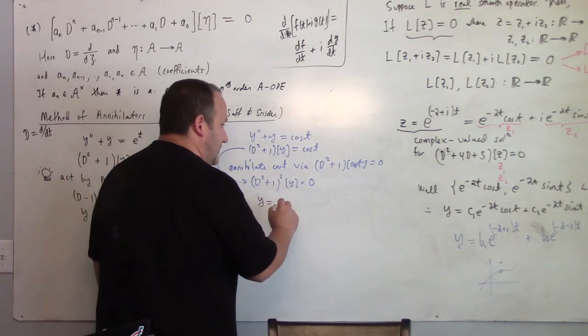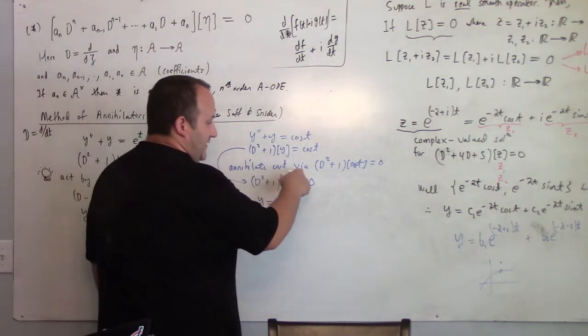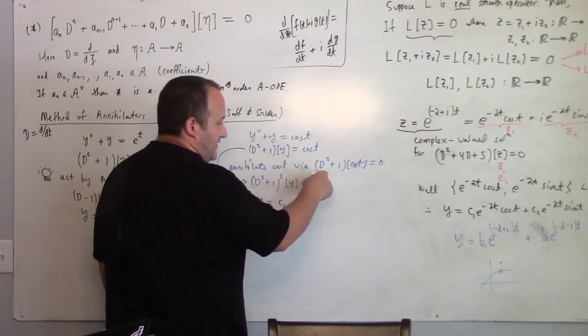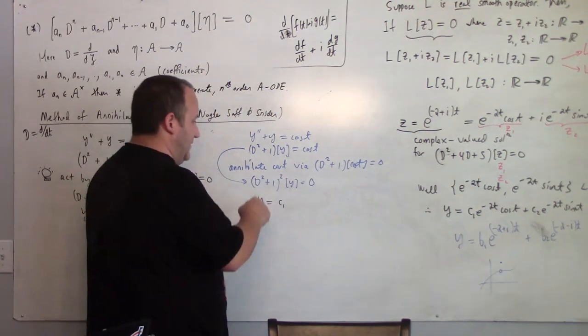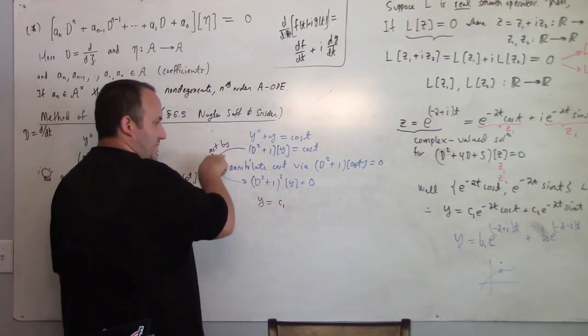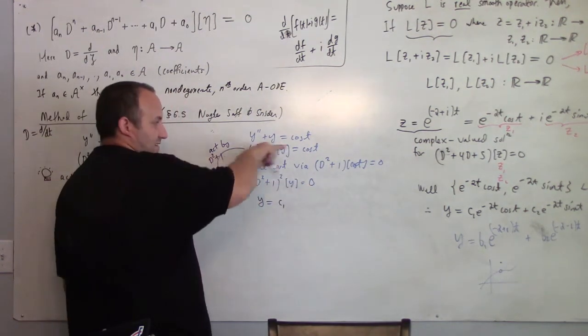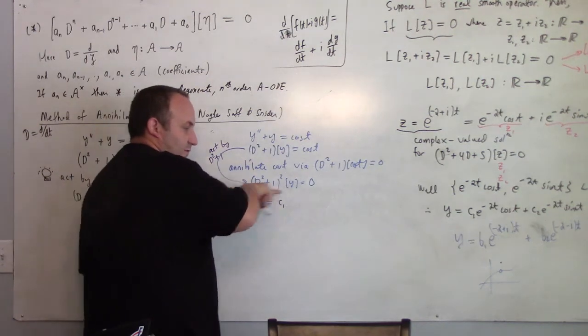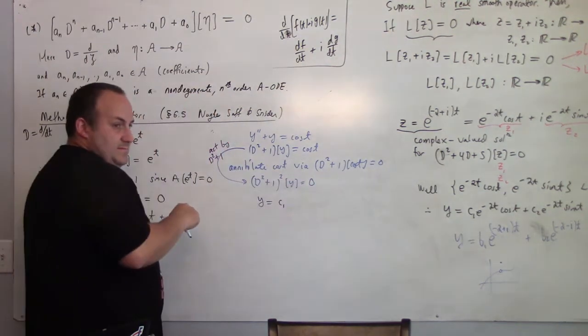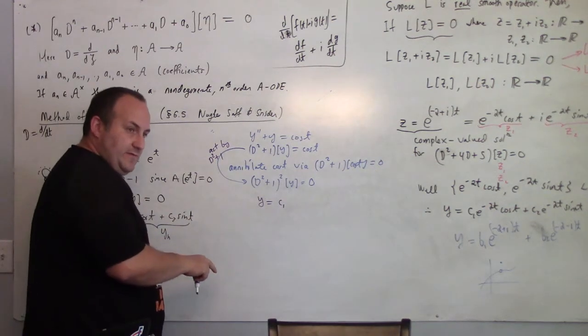Well, I didn't say y equals cosine t, I said annihilate cosine t by acting by D^2 + 1. Operate by D^2 + 1 on this equation and I get this equation. I take a second order non-homogeneous and convert it to a fourth order homogeneous, but the fourth order homogeneous I can write down the general solution for.